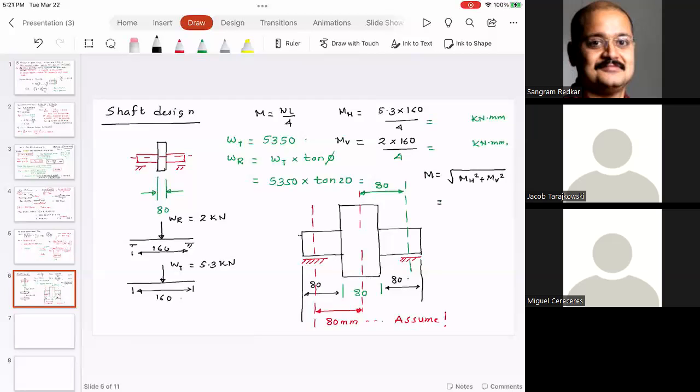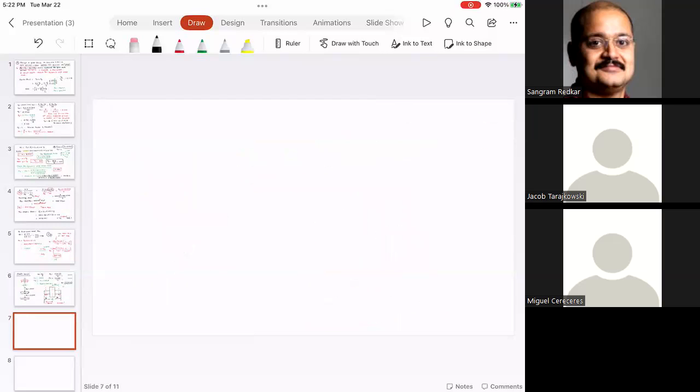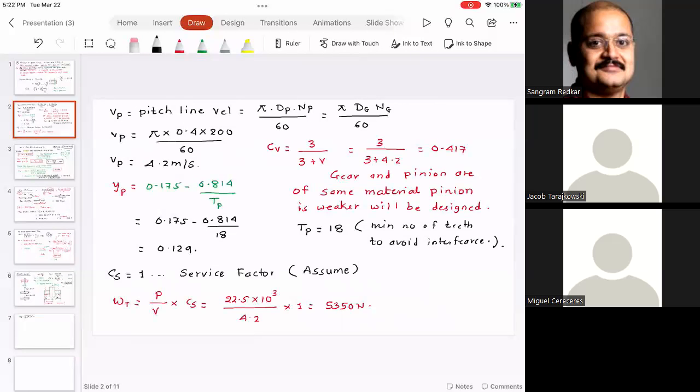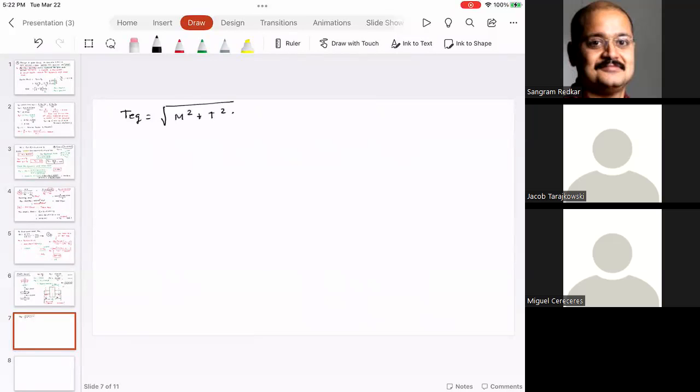Then we have to find out the equivalent torque, TEQ. So TEQ is equal to square root of M square plus T square. And we know the value of torque already. So it is 5350 multiplied by the radius of the pinion.